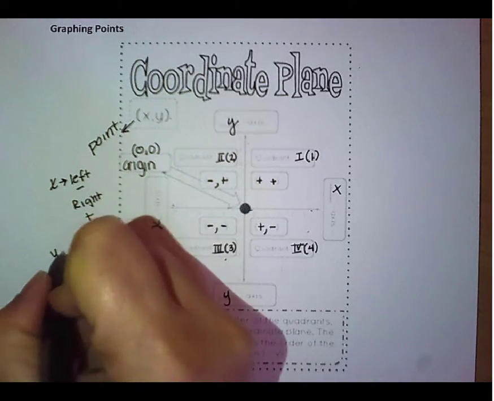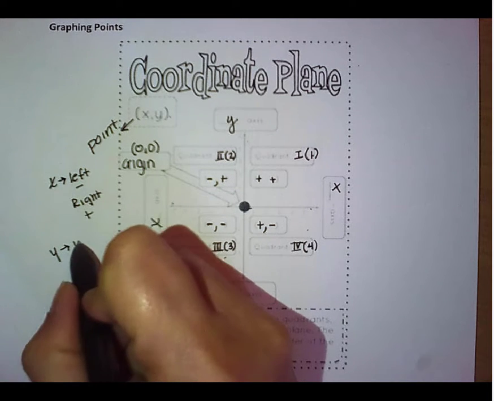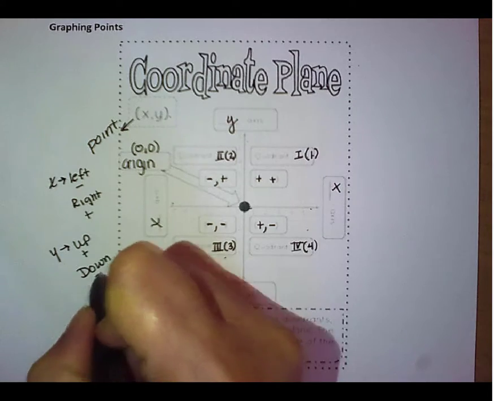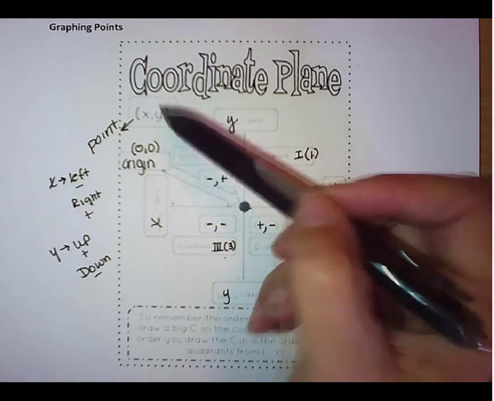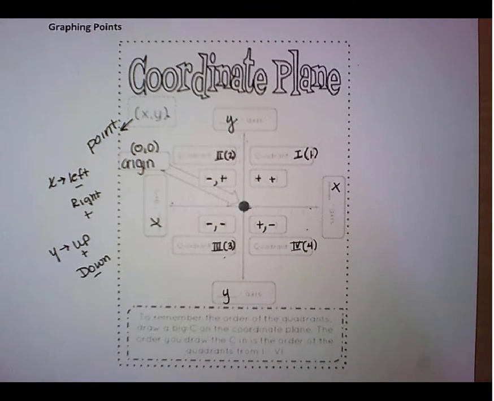And then your y values are always moving up for positive, down for negative. Basically, a point is just directions on how to get somewhere on your coordinate plane. So in the next video, we're going to talk about actually how to graph those points.